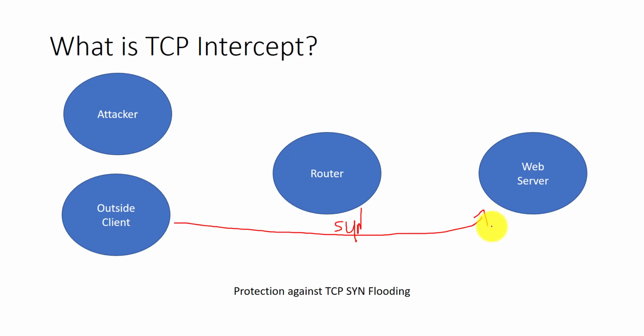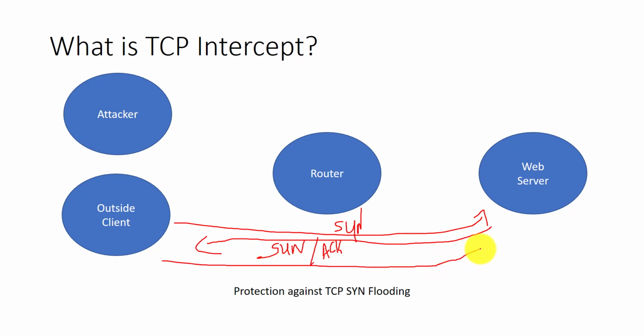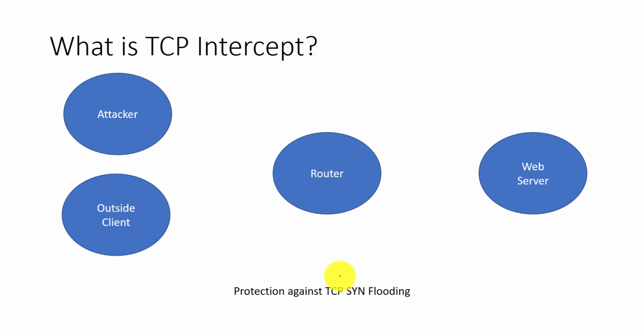Then the web server would send back to the outside client a SYN ACK. These are short abbreviations for synchronize and acknowledgement. Finally the outside client would acknowledge that with an ACK, and then the communication would occur. So that's the normal way of actual TCP communication.